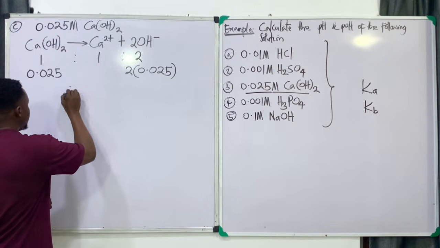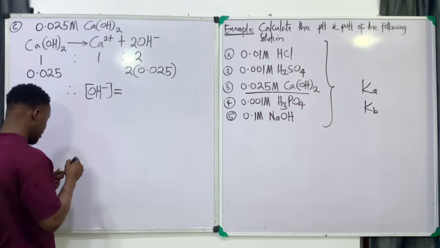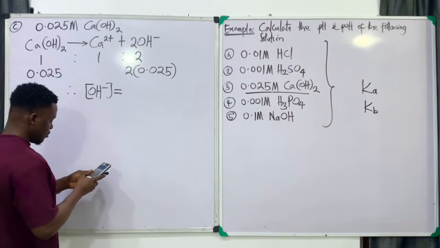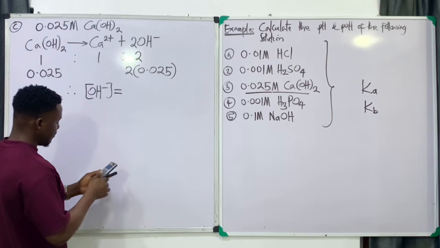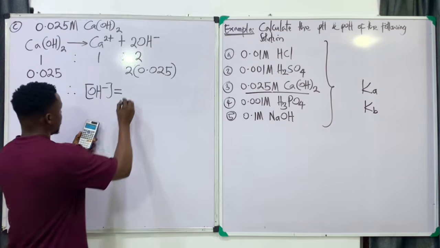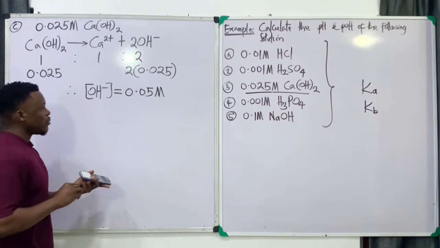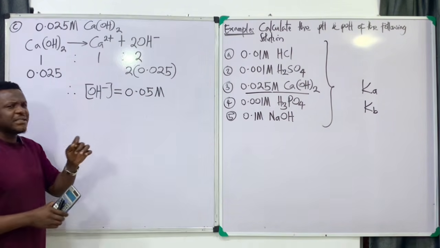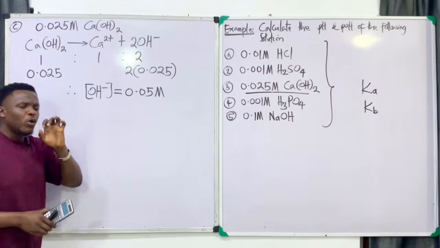Therefore, the concentration of OH minus would be 2 times 0.025, which is 0.05 molar.